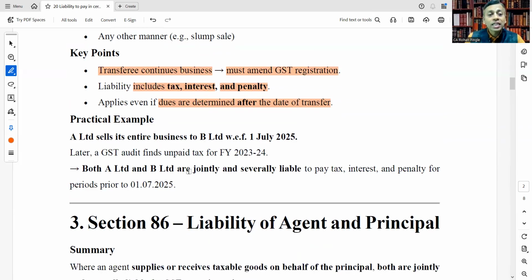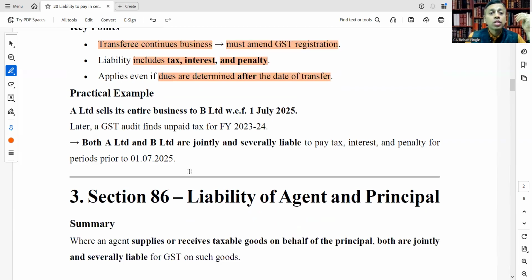Let's see a practical example to understand it better. A Limited sells its entire business to B Limited with effect from 1st July 2025. Later, a GST audit finds unpaid tax for financial year 23-24.